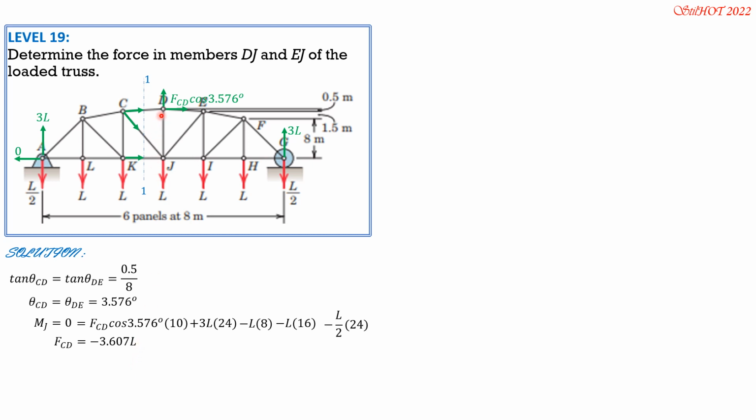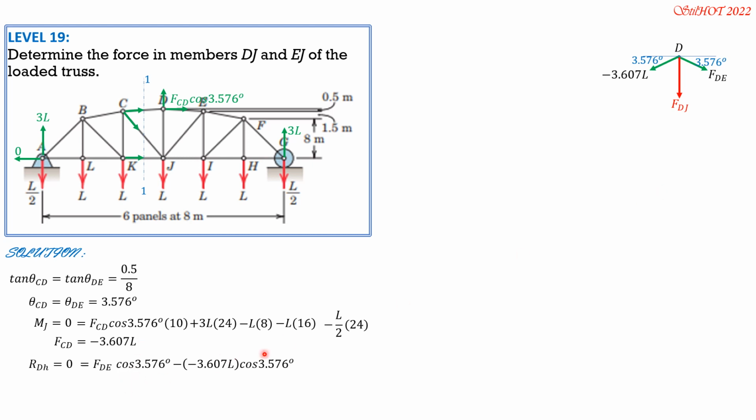Then let's isolate joint D and draw the FBD. So obviously FDE equals FCD, but let's still show that they are equal by setting RDH 0, or the horizontal component of the resultant at D, equal to 0. So 0 equals FDE cosine 3.576 degrees minus the quantity negative 3.607 L cosine of 3.576.